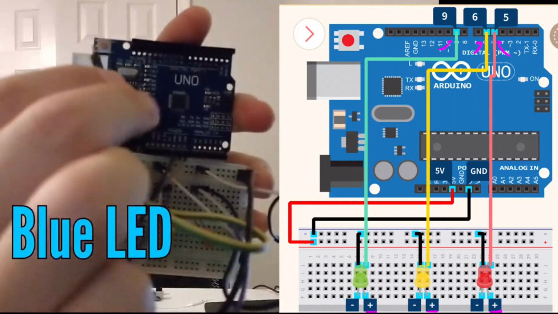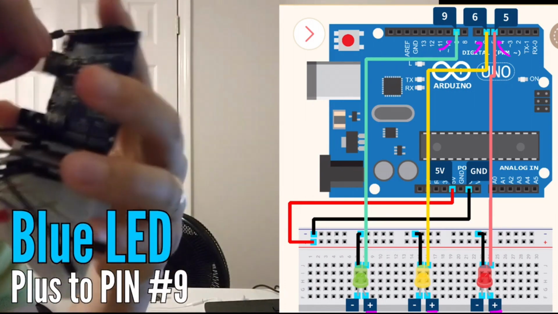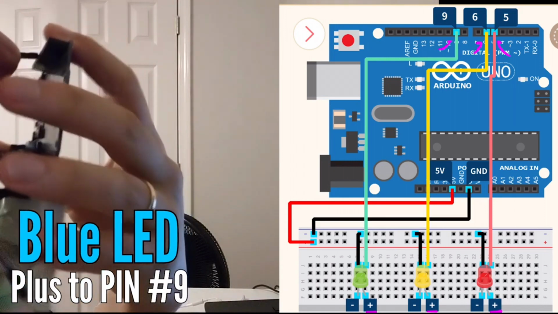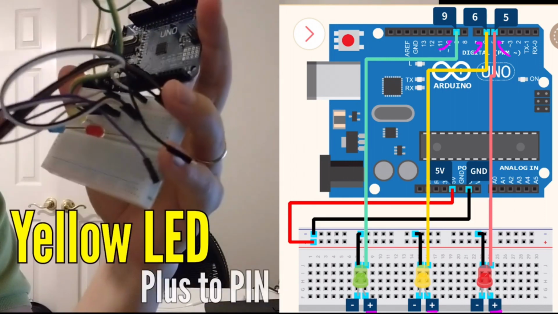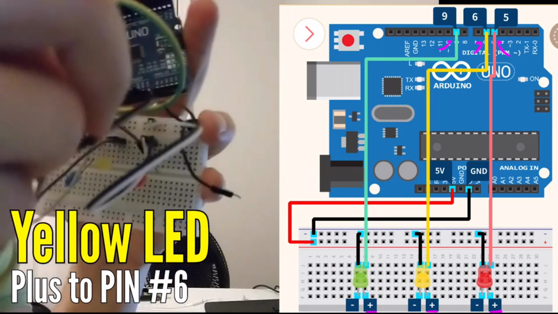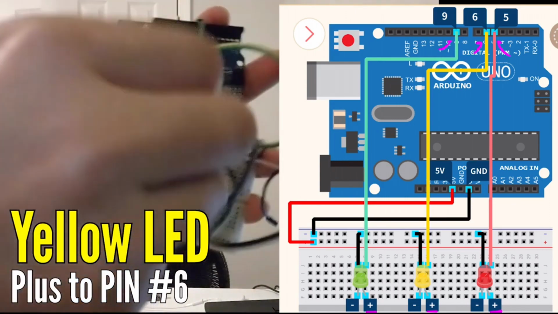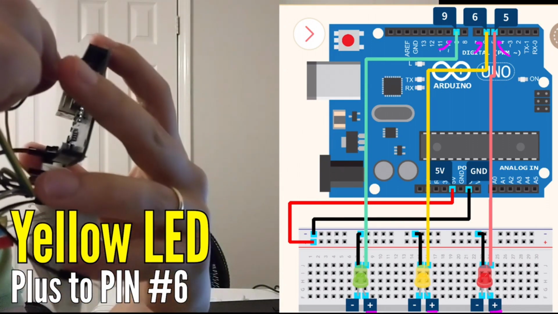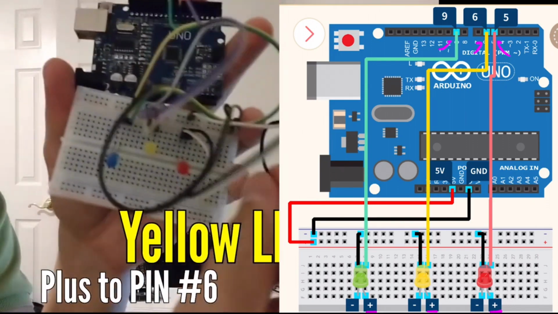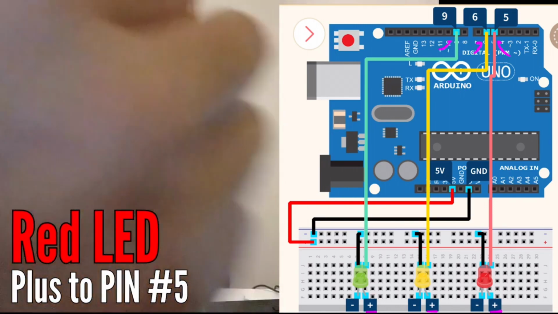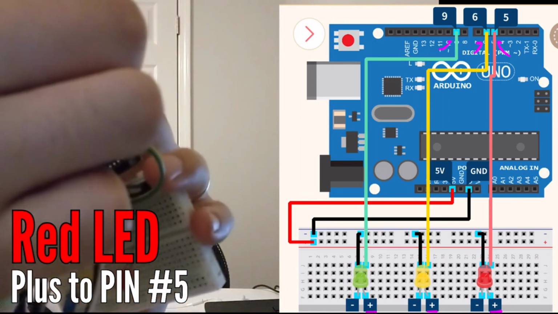The green wire, for the green or blue LED light, goes in pin number 9. The purple wire, which is the yellow LED, goes in pin number 6. And for the last one, the black wire connected to the positive of the red light, connects to pin number 5.